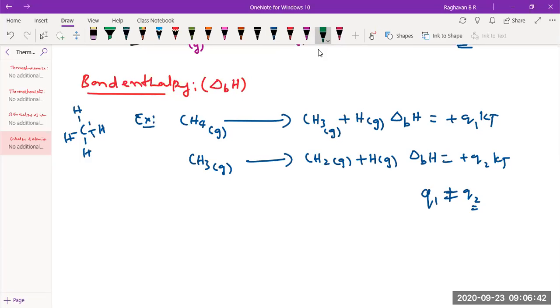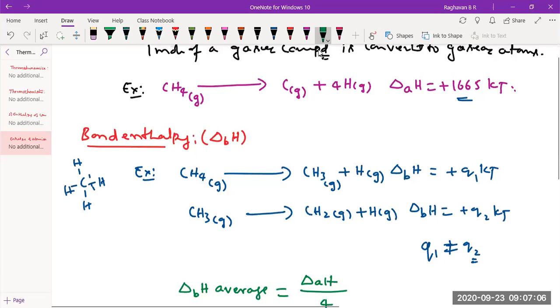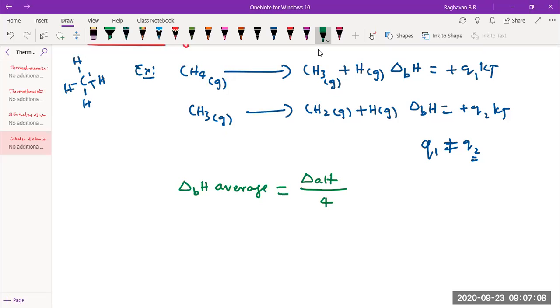So average bond enthalpy is equal to atomization enthalpy, that is for 4 bonds, divided by 4. That is 1665 divided by 4, so around 416, somewhere like that. This is how we calculate average bond enthalpy by knowing atomization enthalpy.